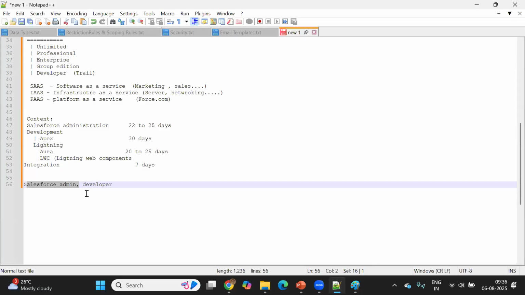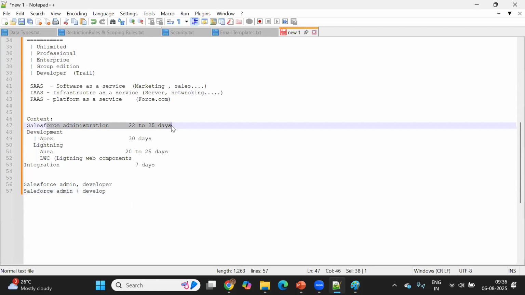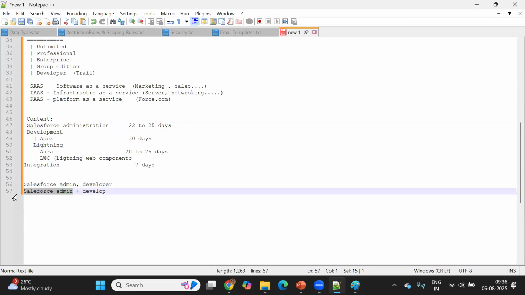Two years back, we used to get a good number of calls in admin as well. But now, if you want to settle in Salesforce CRM quickly, with less time, then please go with admin and developer. Don't go with only Salesforce admin. That is going to be a big problem for you in the future as well. If there is any cost cutting in the company or any recession, admin jobs will be removed.